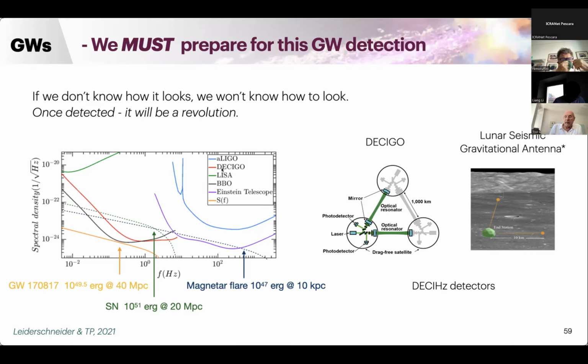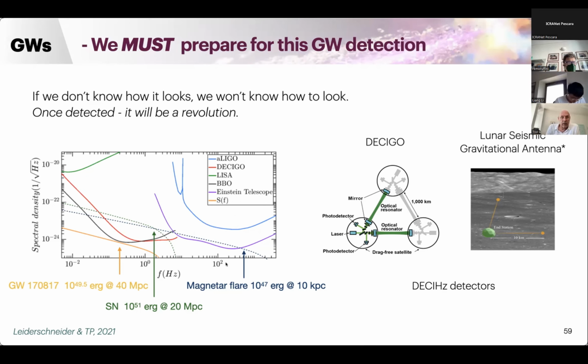DECIGO is a space mission designed to be in this decihertz frequency range. A supernova with 10 to the 51 ergs at 20 megaparsec would have been easily detected by these two detectors, but not by LIGO or even by the Einstein Telescope.